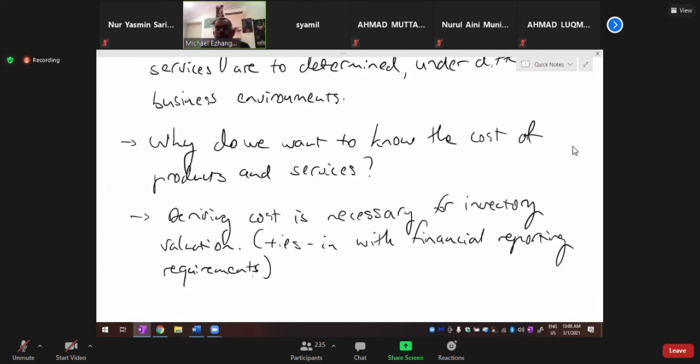Now, the key point about deriving costs is simple, right? At the end of any accounting period, right, we need to put a value on inventory, all right? So often the auditors will check and see how we got the valuation and whether the valuation is fair.